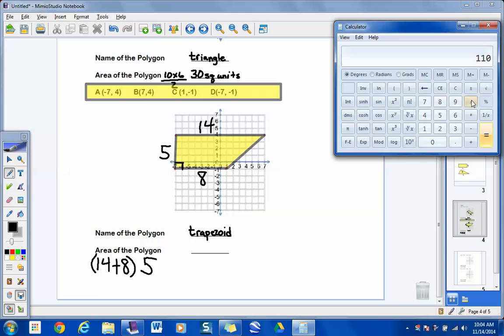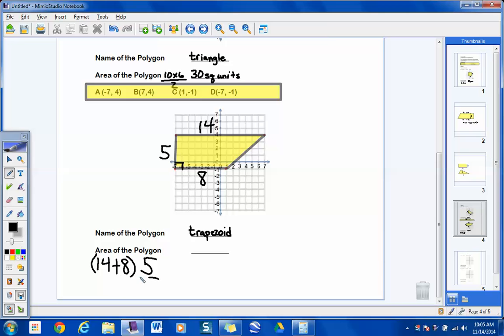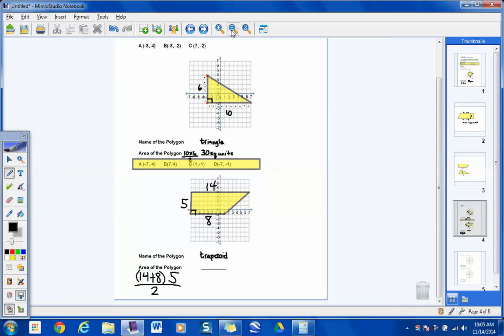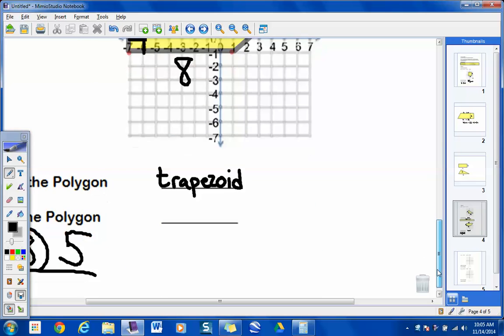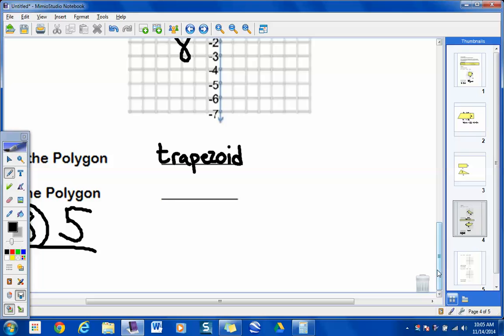So I'll divide this by 2, and what's our solution? 55. So in this last step of dividing by 2, we get 55. We're going to call this 55 what, gang? I'm sorry, I missed it. What'd you say? 55 square units. Very good. I just abbreviate like this.